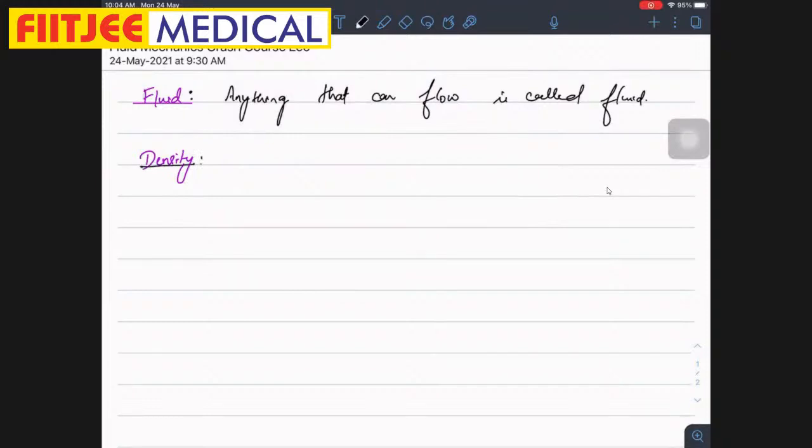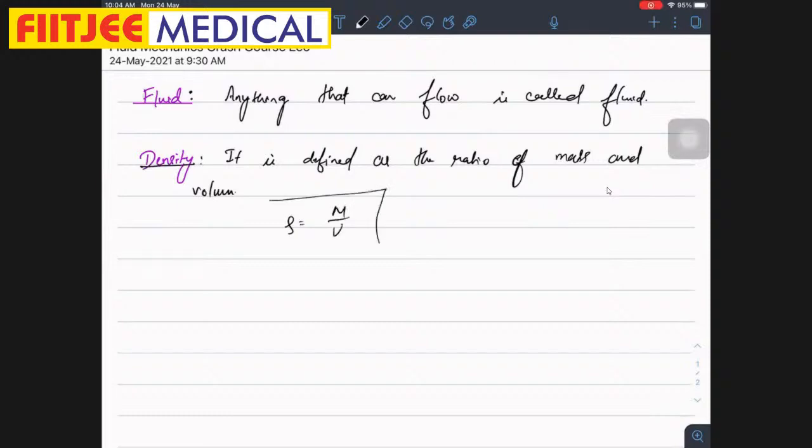The definition of density: it is defined as the ratio of mass and volume. So simply we can write density is equal to mass divided by volume.